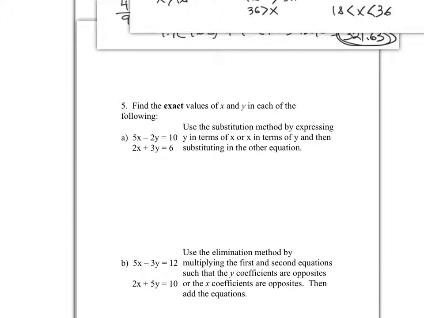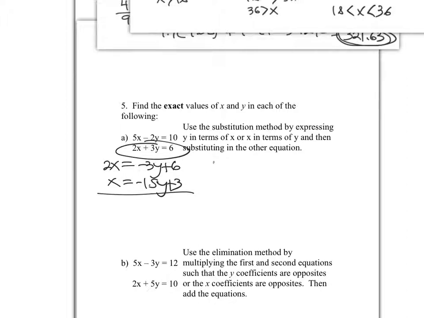Let's say that we'll take this equation here, and we'll say that 2x is equal to negative 3y plus 6. And we'll say that x, therefore, is equal to negative 1.5y plus 3. We'll go back to our other equation, 5x minus 2y, and we will substitute for x.